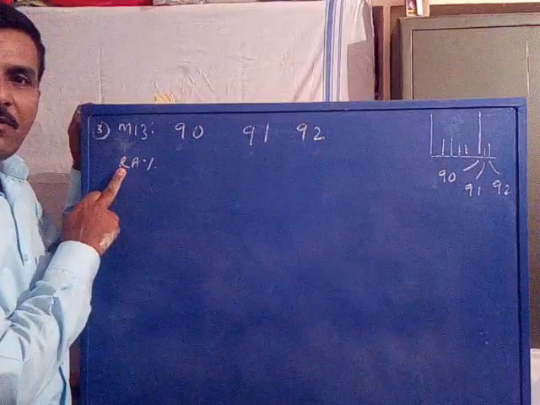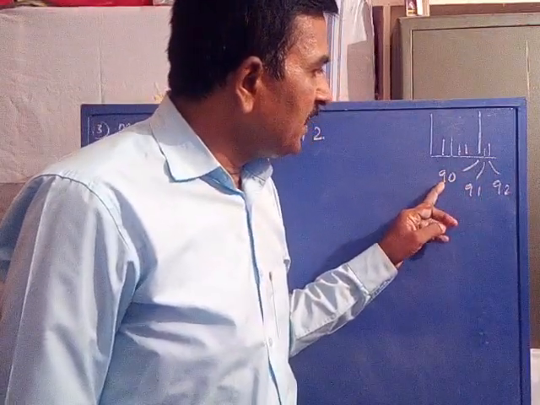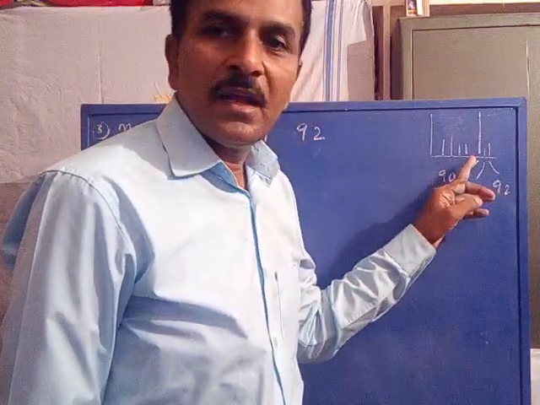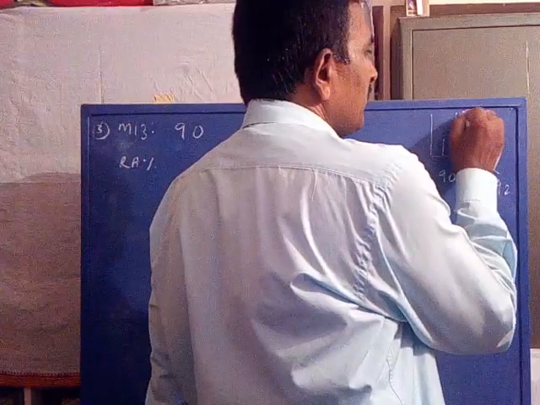Now coming to relative abundance percentage. In this case, at m/z 90, the molecular ion appears with 100%.